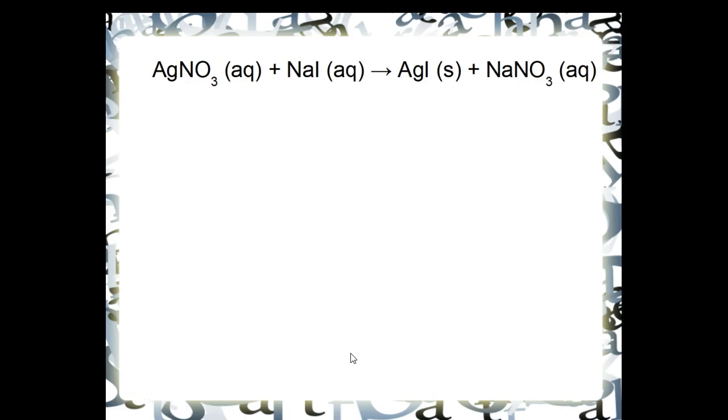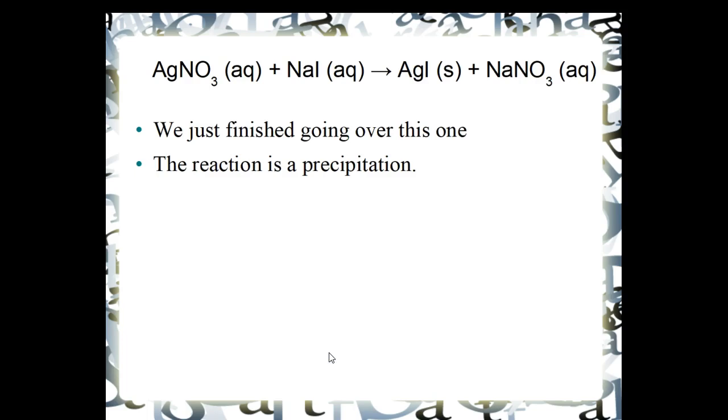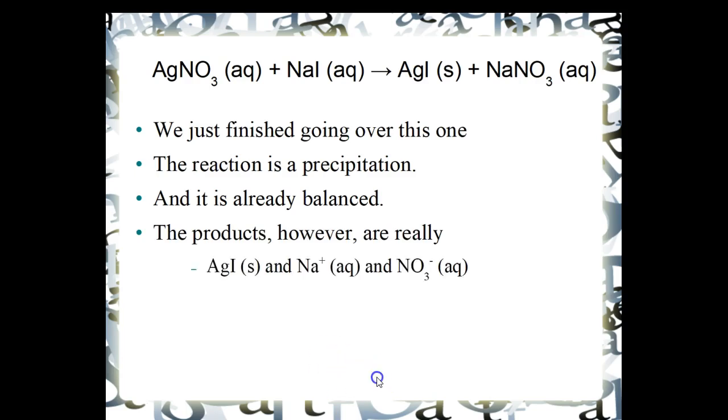So let's look again at the silver nitrate sodium iodide reaction. We just finished going over this one and kind of pictured the ions. The reaction is a precipitation because a solid is formed. It is already balanced. The products, however, are really silver iodide solid, aqueous sodium ions, and aqueous nitrate ions, which are spectators.